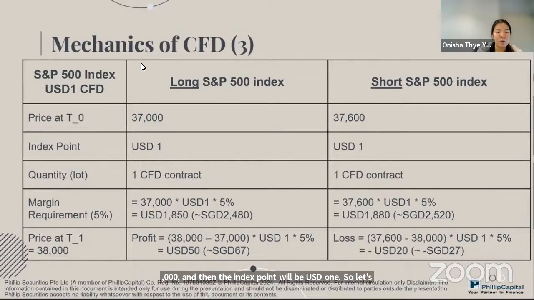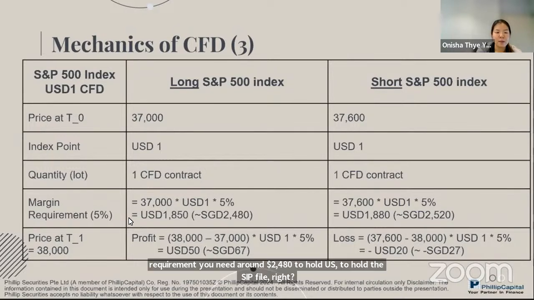Say I want to go long, buying one CFD contract of S&P 500. The margin requirement normally for an index is 5%. So you use the price of the index, times the index point and the margin requirement, and you need around $2,480 to hold the S&P 500.